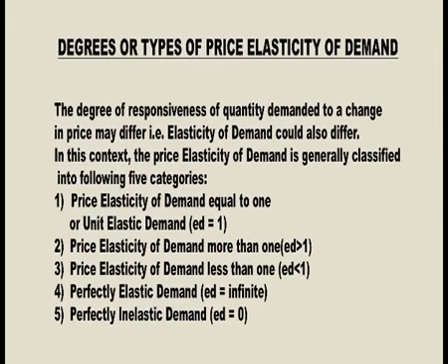That means the elasticity of demand is equal to 0. So, we have 5 different cases of price elasticity of demand: elasticity of demand equal to 1, more than 1, less than 1, perfectly elastic demand or elasticity of demand is infinite, and perfectly inelastic demand or elasticity of demand equal to 0.